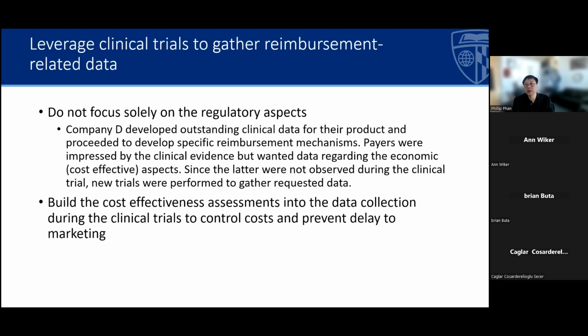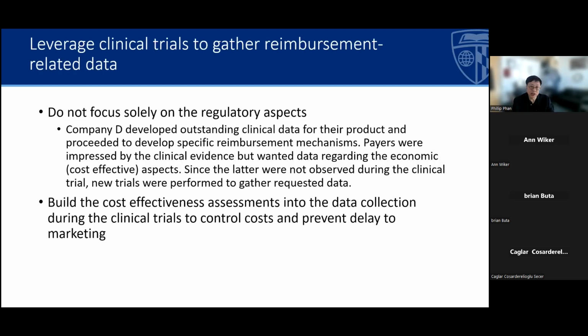Don't focus only on the regulatory aspect. This is another final point of what I just said, right? Here's an example of a company that developed really good clinical data for their product and then started developing reimbursement mechanisms. Now, the payers were happy with the clinical evidence, but they want cost-effectiveness data and the company didn't collect it.